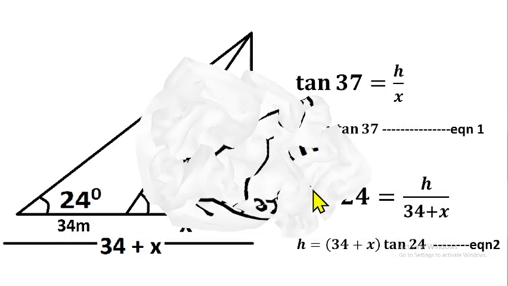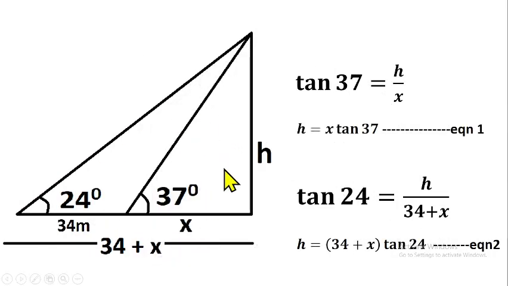That's what we have in this diagram: if you call this part x, then the full base will be 34 plus x, which I believe you understand. So for this big right angle triangle, we have this side given as 34 and the base as 34 plus x.